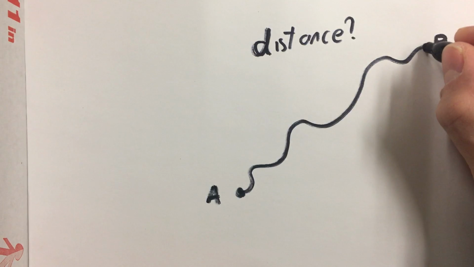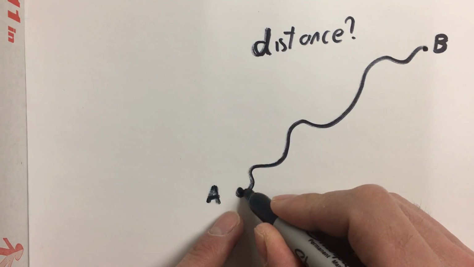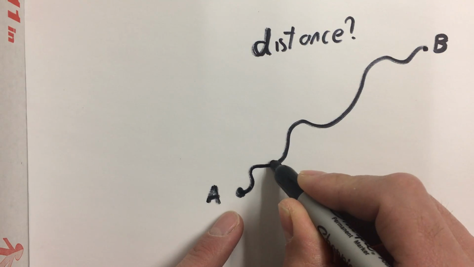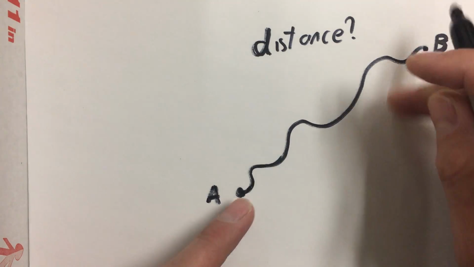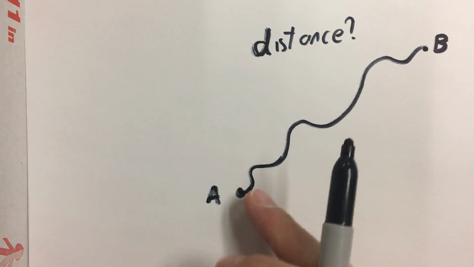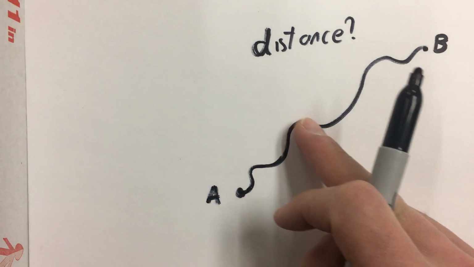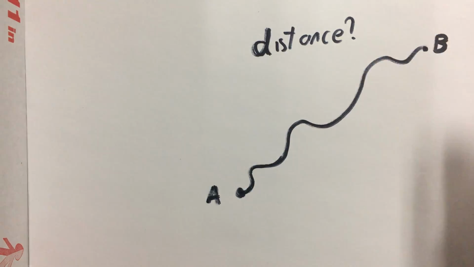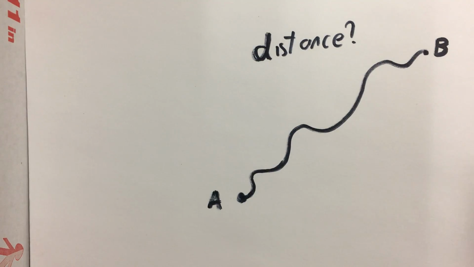Now, the distance is a measure along the path. So we would have to stretch this out and determine how far the head has actually moved along that curve. That's the distance.